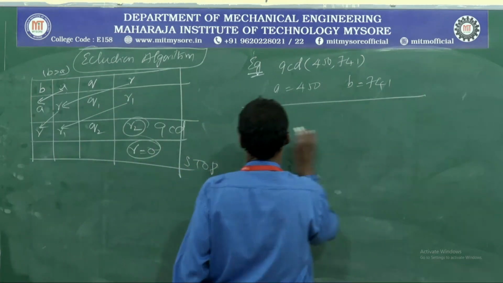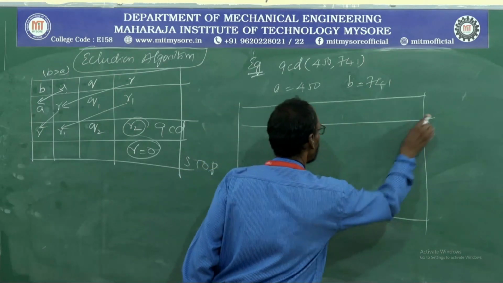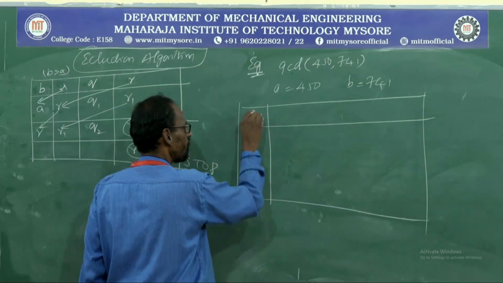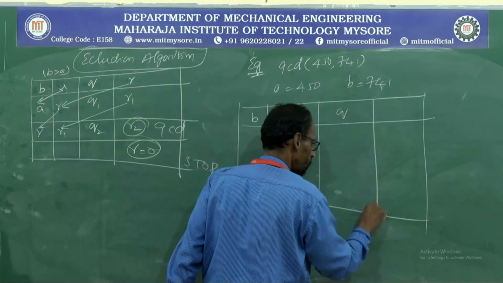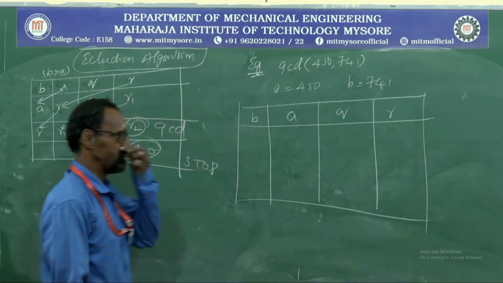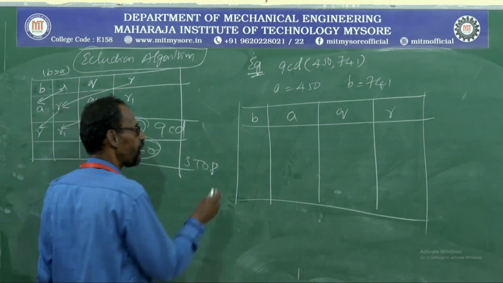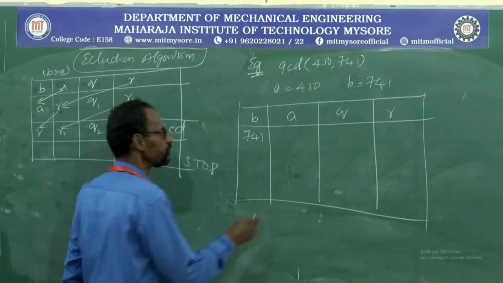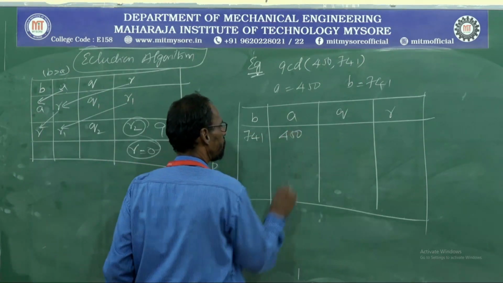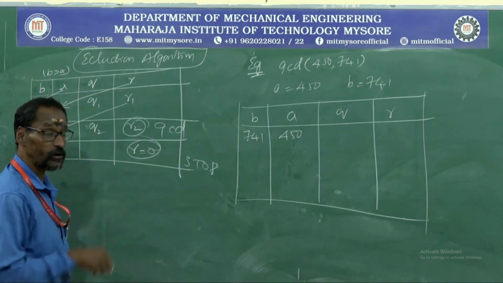Now construct a table. What are the components here? It is B, A, Q, R. What is the B value? 741. What is the A value? 450. Now how to get the quotient?